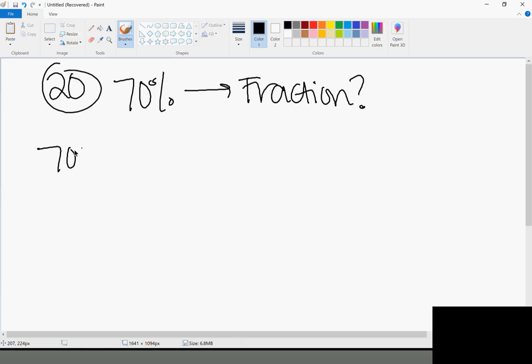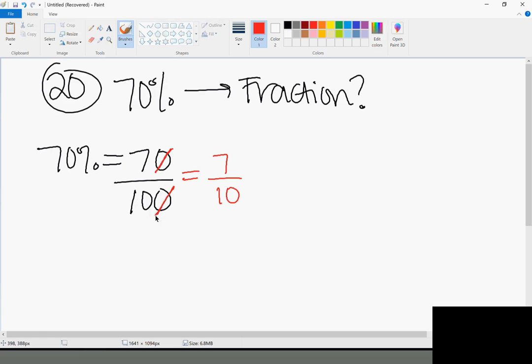So 70% is the same thing as 70 over 100. And then if you're simplifying it, you can reduce 70 and 100 into 7 over 10. That's a cool trick when you have zeros like that on the right side. You can reduce it by canceling out however many zeros they have in common. And 7 over 10 can't be reduced further, so that is your final answer.